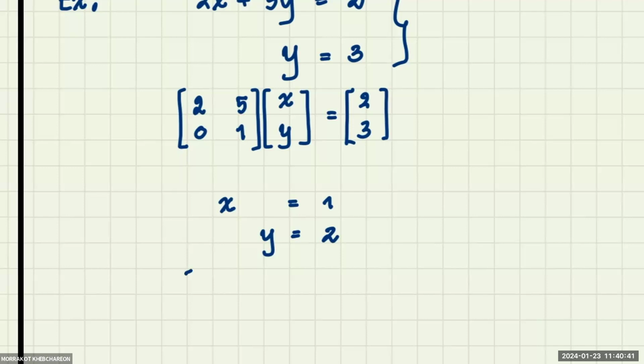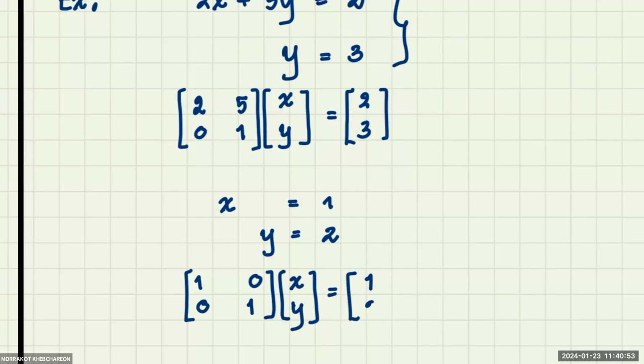I can write the matrix as 1x plus 0y equal to 1, and 0x plus 1y equal to 2.